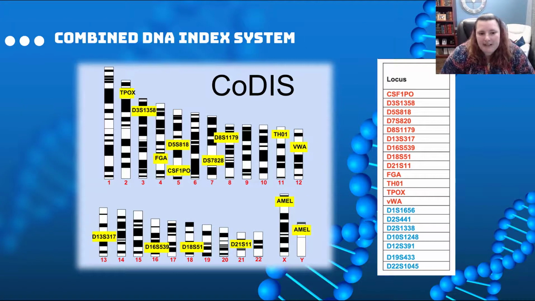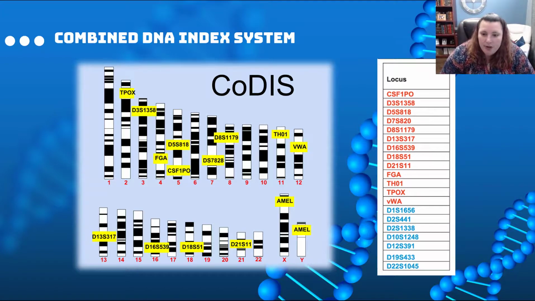The system that forensic biologists use to store and search DNA samples is called the Combined DNA Index System, or CODIS. CODIS is a national database that contains DNA profiles submitted from federal, state, and local level agencies, and it can be used by investigators to compare against unknown DNA profiles found at other crime scenes.